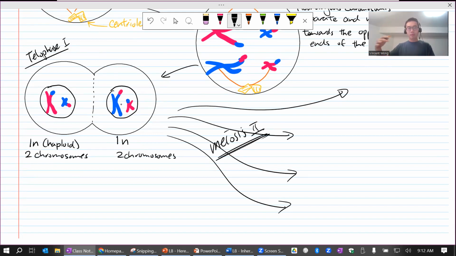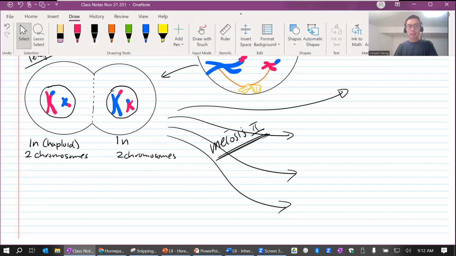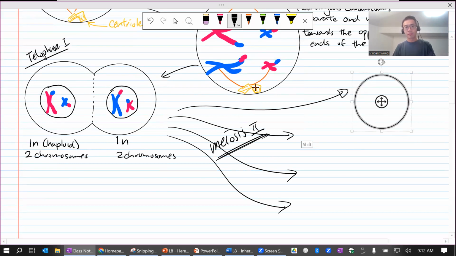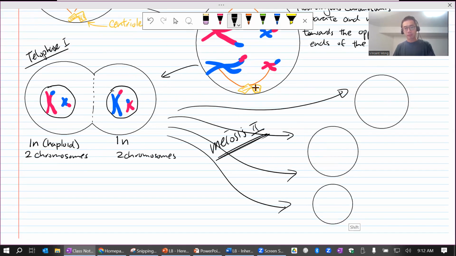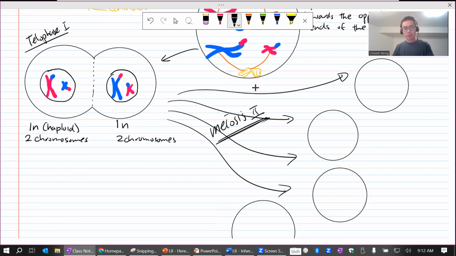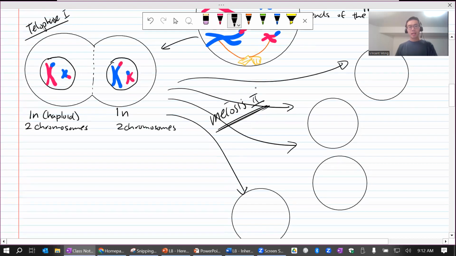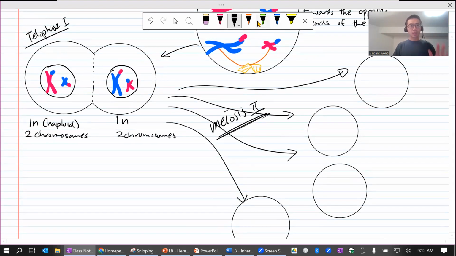You go through the same phases: prophase 2, metaphase 2, anaphase 2, and then you're going to get 4 cells.